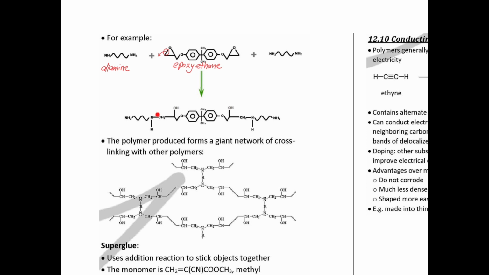Likewise, this side is also the same. This O will become OH, as you can see here, and then this one opens down, you pull it down and link with others.